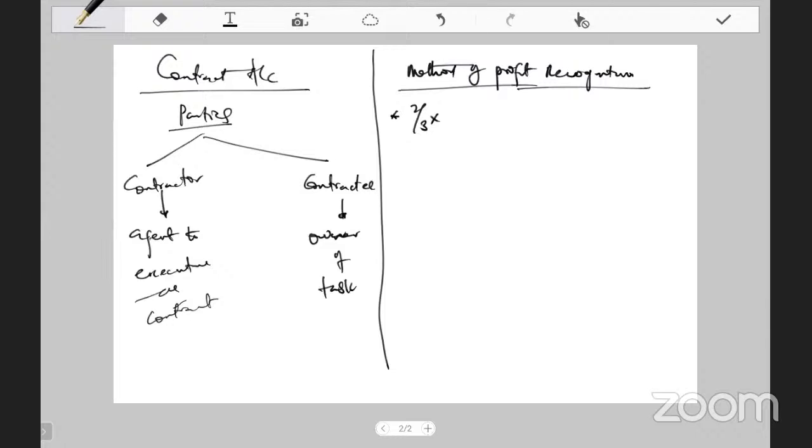We have it as 2/3 times cash received all over value of work certified times estimated total profit. That is the first method that we have.